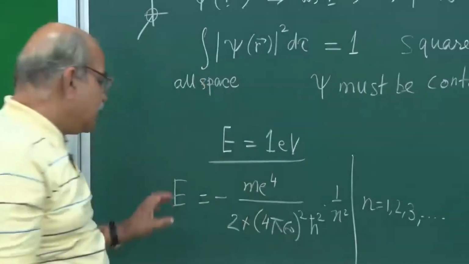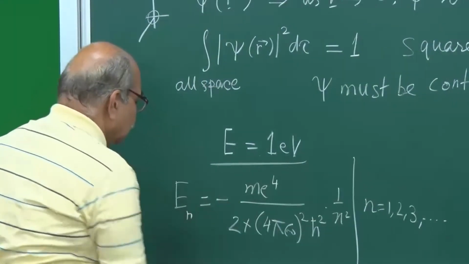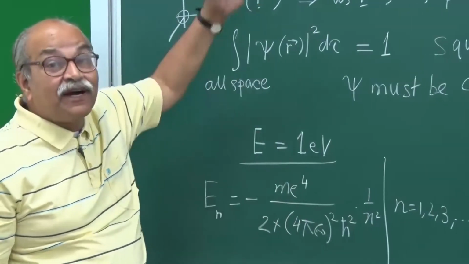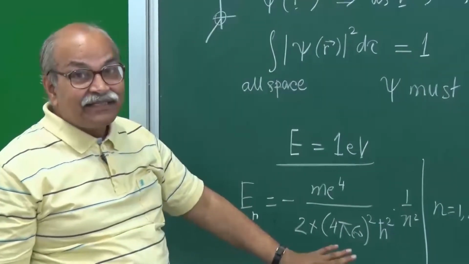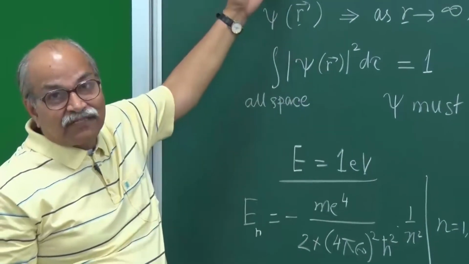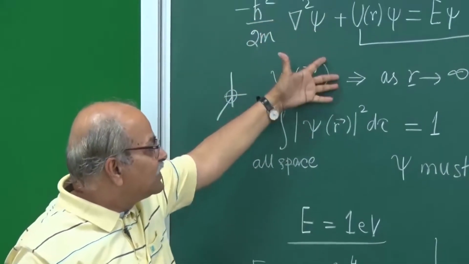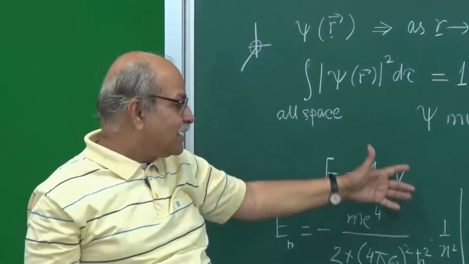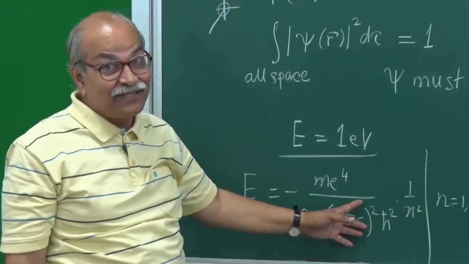Only for these values of energy, you can write it E n, only for these values of energy there are some functional forms psi, and if you put anything else, then you do not have functional forms psi which satisfy the equation as well as these conditions on psi. So these are the allowed energy states according to the Schrodinger equation.